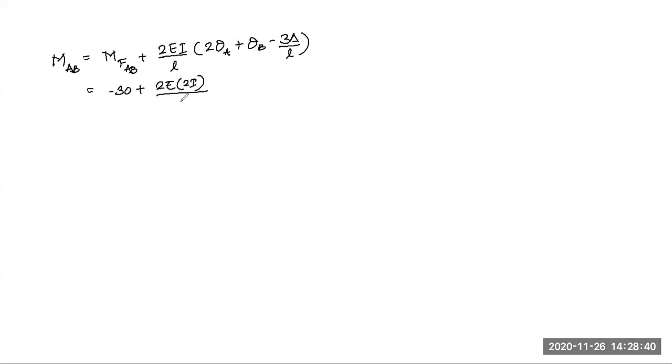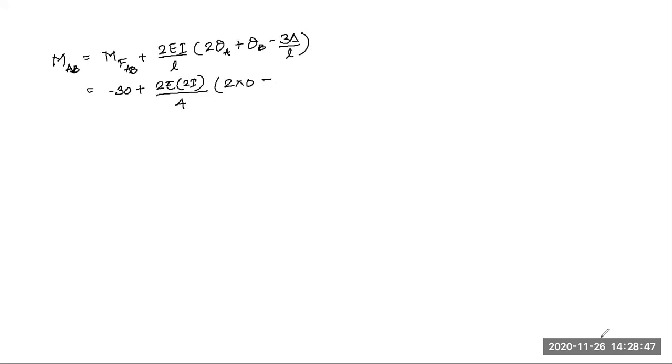MAB is equal to MF AB plus 2 EI by L into 2 times theta A plus theta B minus 3 delta upon L. In this case we had minus 30 plus 2E into 2I divided by 4 into 2 into theta A, which was 0 because it was a fixed end.